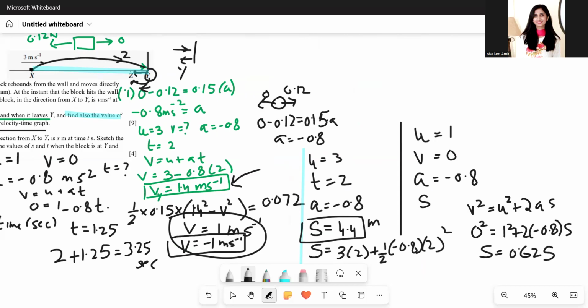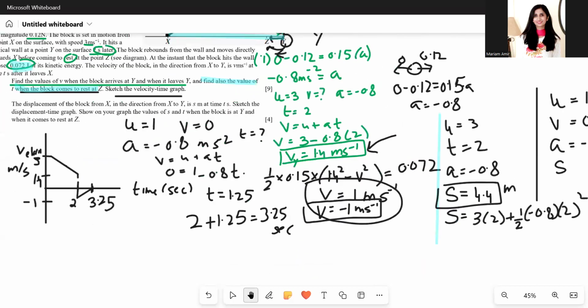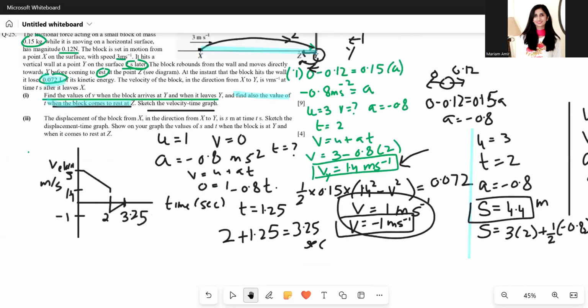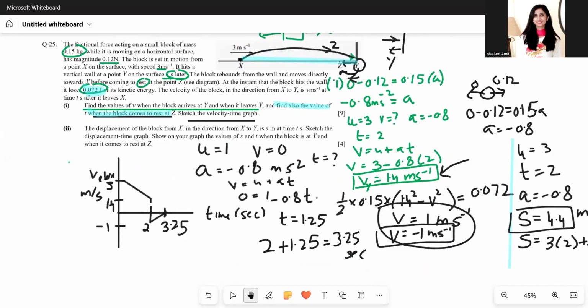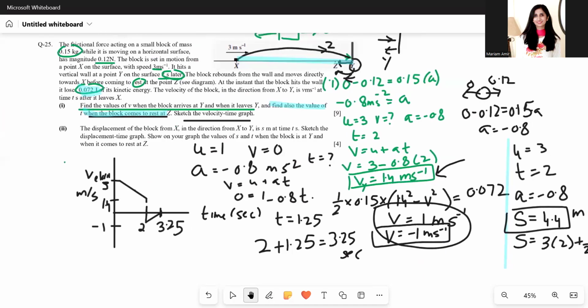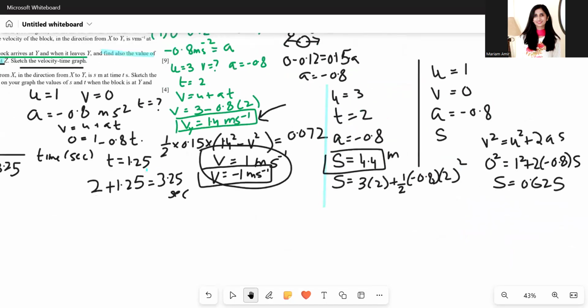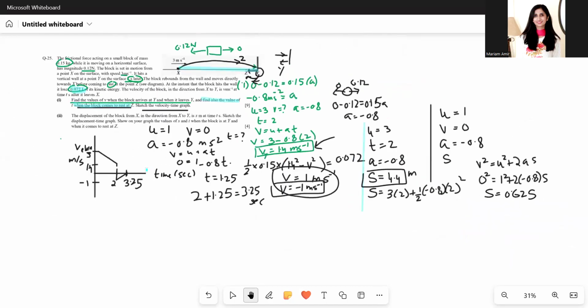Okay, which means that the displacement from x to z, did they ask for it? The displacement from block x in the direction x to y is s. Sketch the displacement time graph. So we don't really need the value of displacement at z.